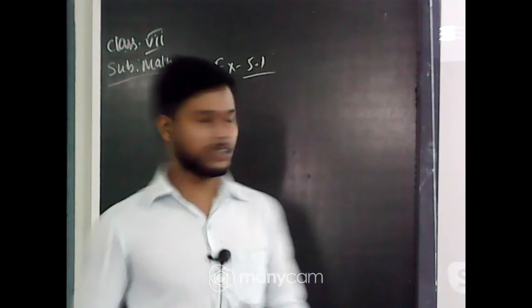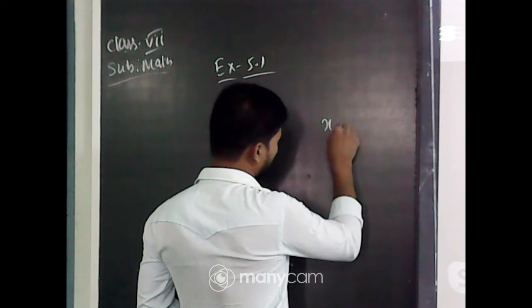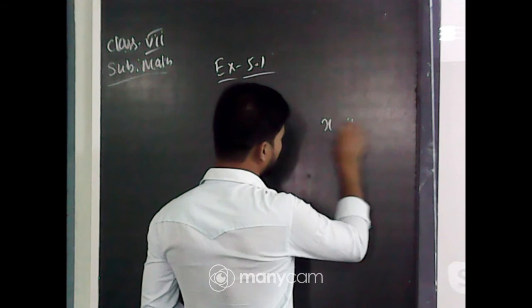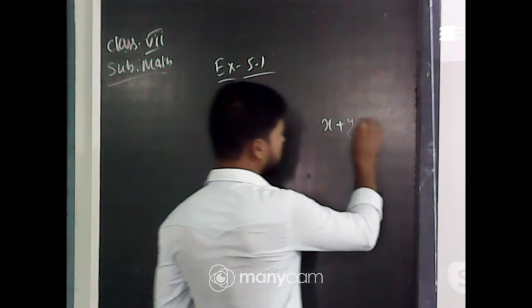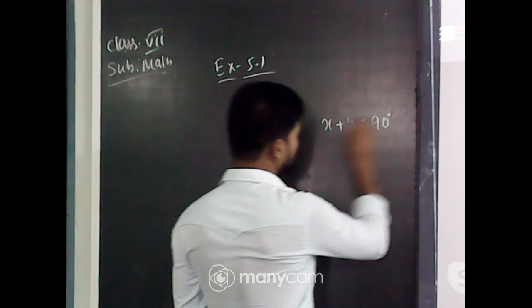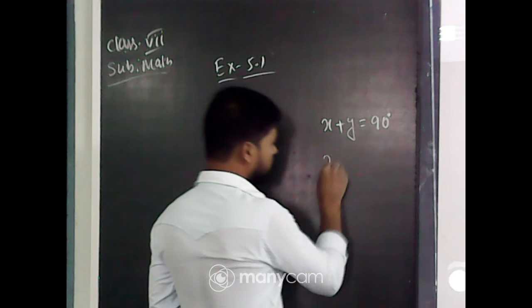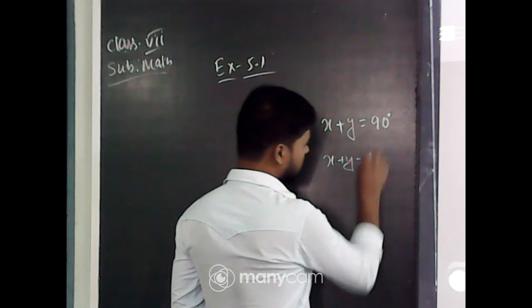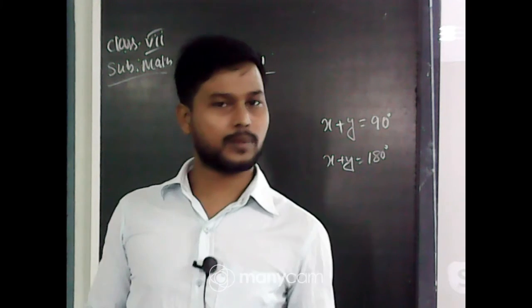We have discussed this already, but I am telling you once more: suppose there are two angles, x and y. If we add the angles x and y and the result is equal to 90 degrees, then the angles are said to be complementary angles. And if the result is 180 degrees, then the angles are said to be supplementary angles.